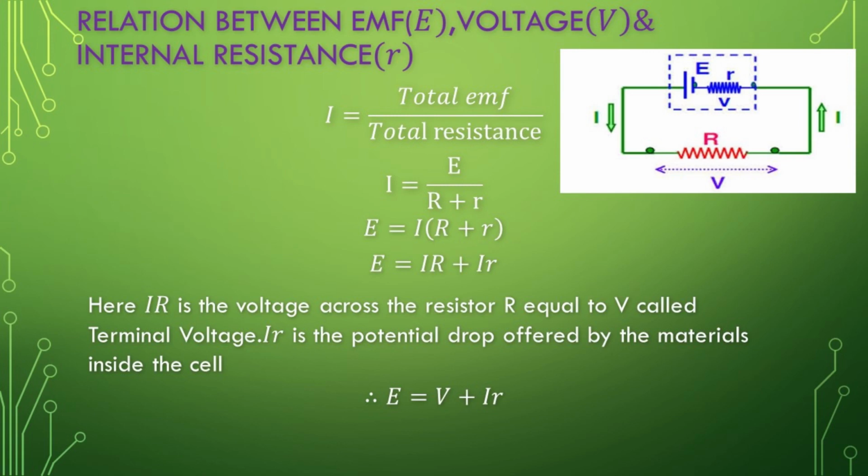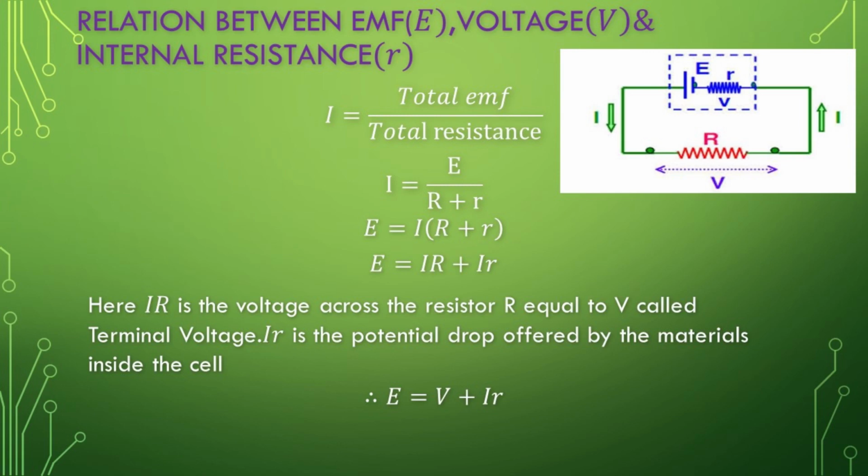By Ohm's law, I equal to total EMF by total resistance. I equal to E by R plus small r. E is equal to I into R plus small r. That is, E equal to IR plus I small r.